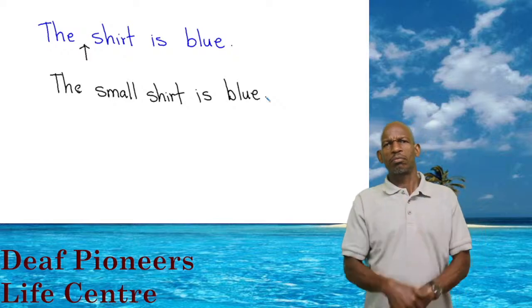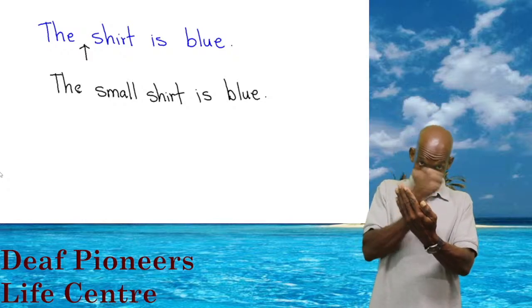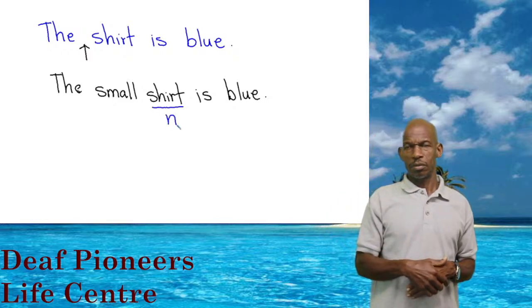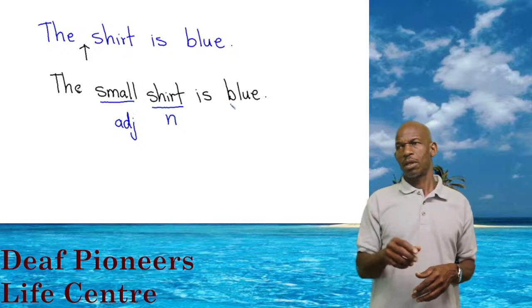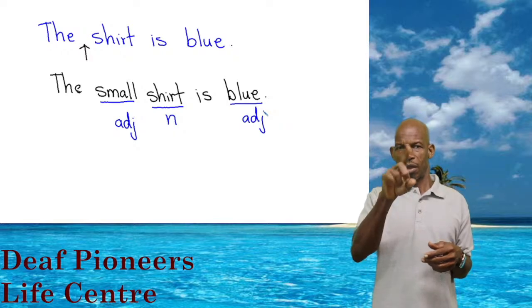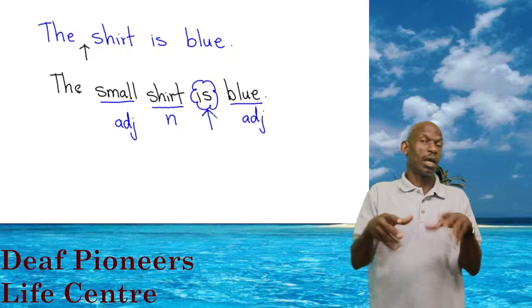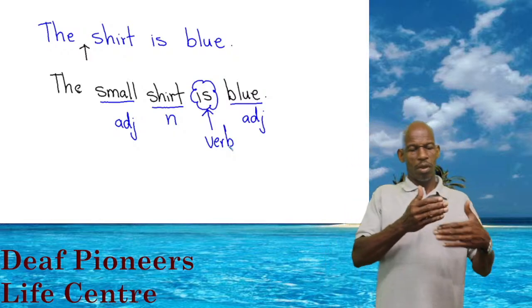So what I just did, before the noun shirt, this is a noun, N for noun. Before the word shirt, I put an adjective, and I end with an adjective also. So I can put two adjectives in my sentence, and this here is the verb. So my order of sentence is what I just said.